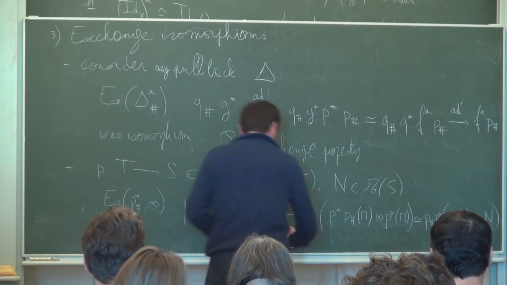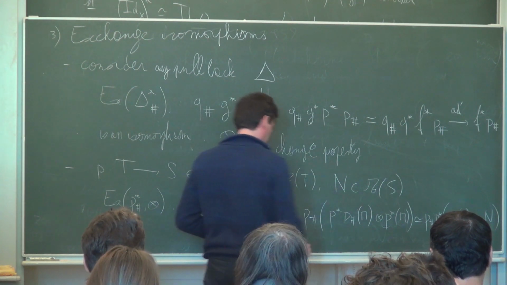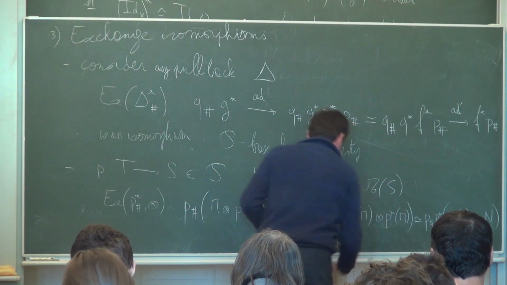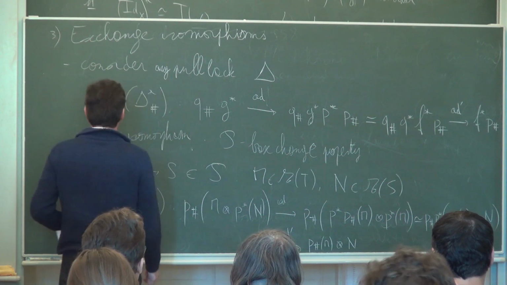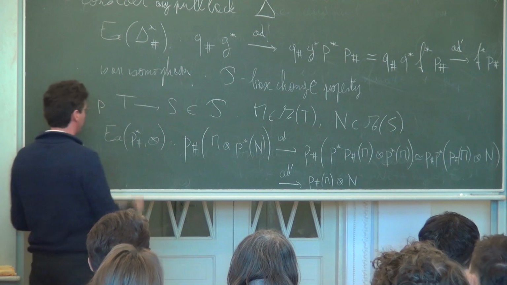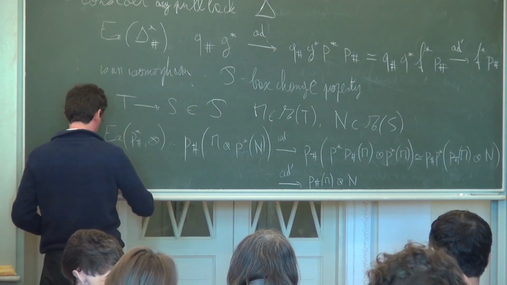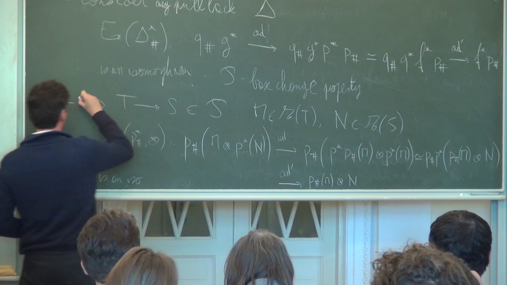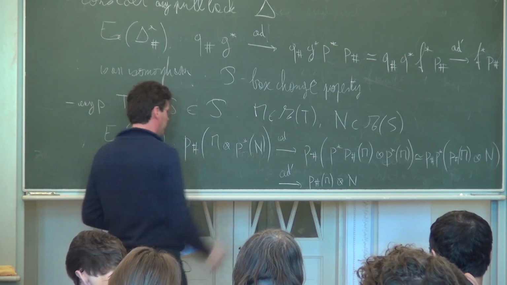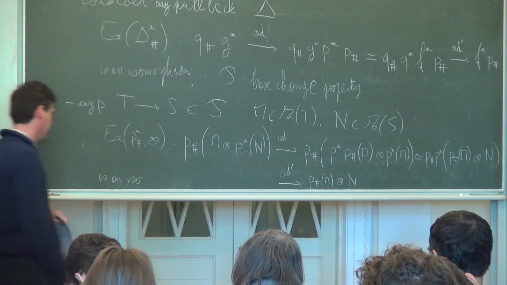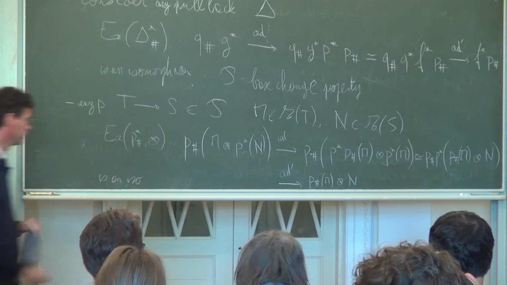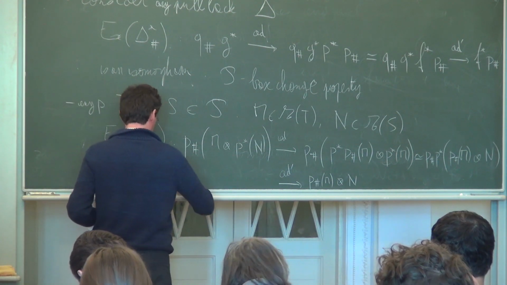Then you use the counit of the adjunction, and it ends in p_♯ M tensor N. The axiom is that this map is an isomorphism for any P-morphism and any objects like that. Actually, it's a natural transformation of bifunctors in M and N. So this is called the P projection formula.